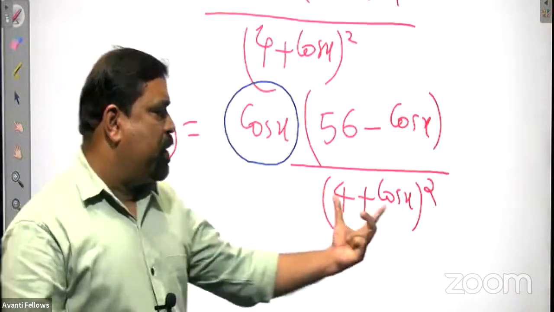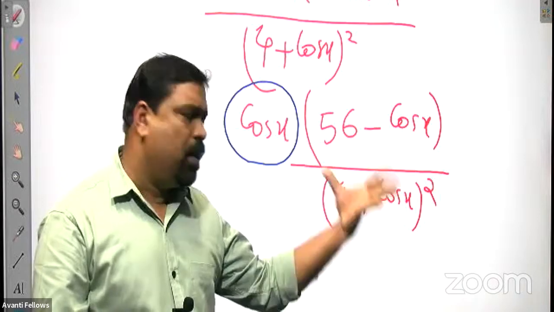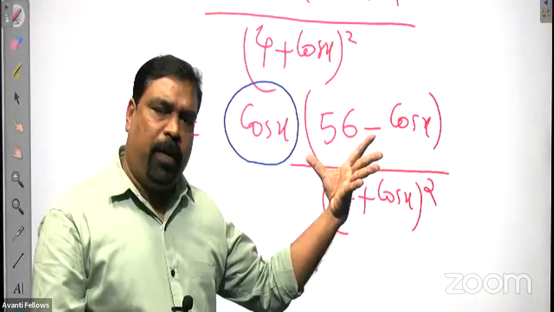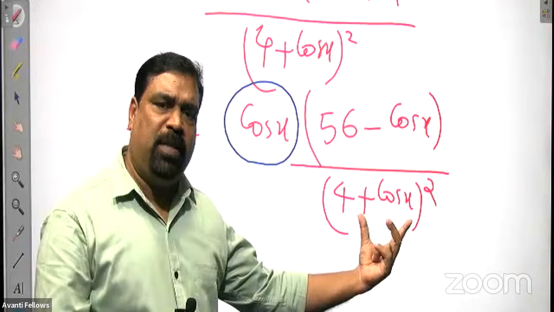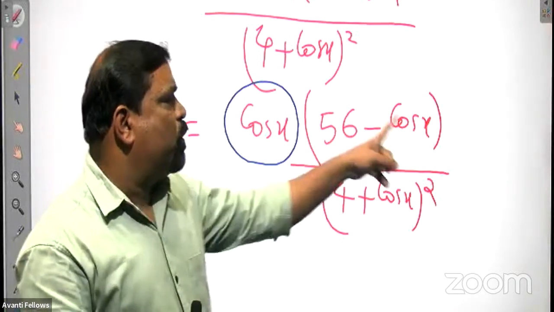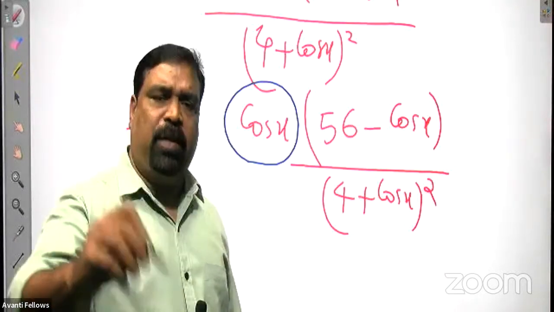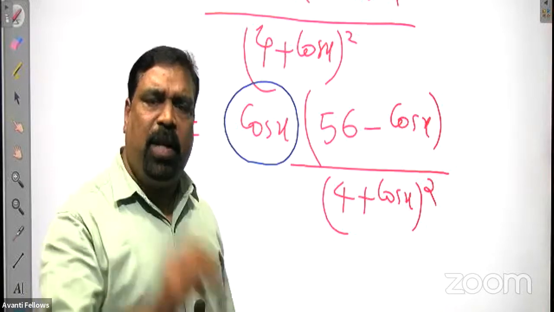Why? The denominator is (4 plus cos x) whole square. That is never negative, it is always positive only. And 56 minus cos x: you know the cos x value is between minus 1 and plus 1, the extreme values are minus 1 and plus 1.